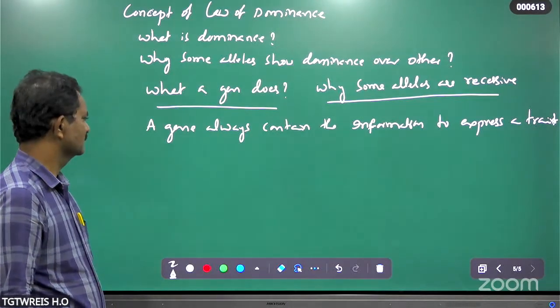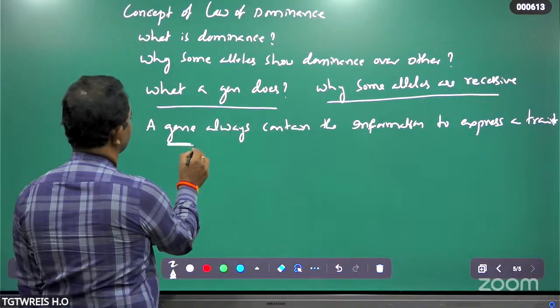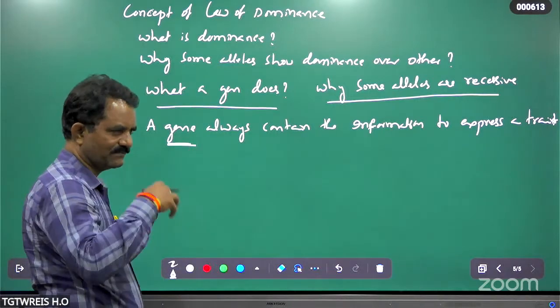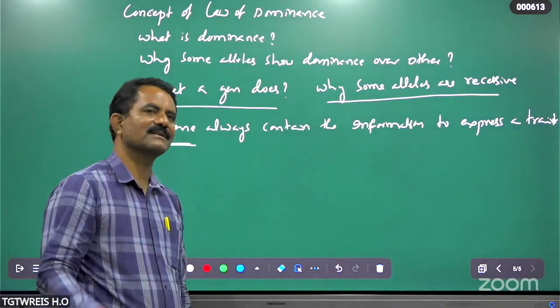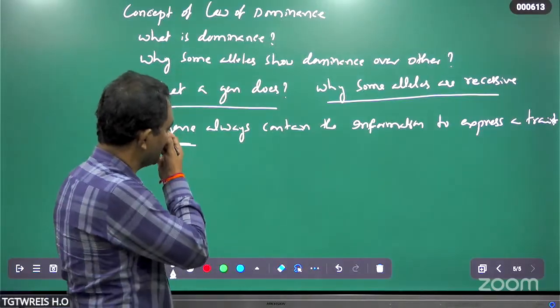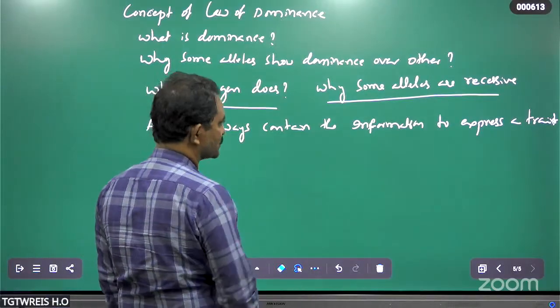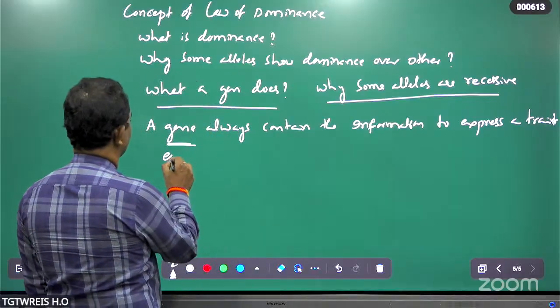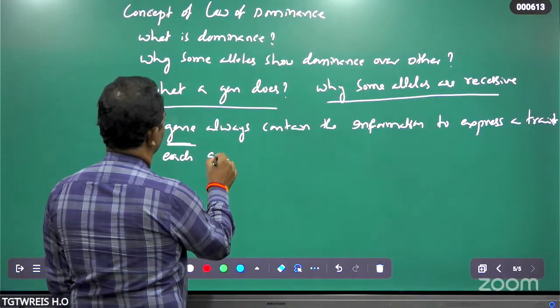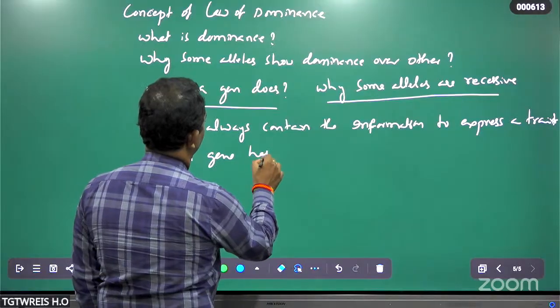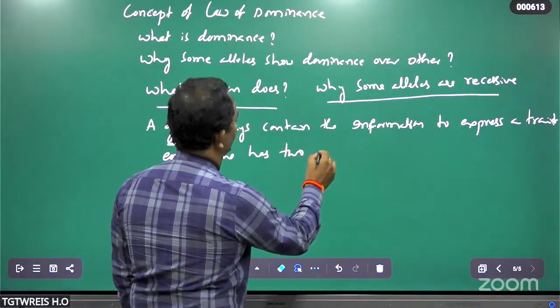That is the gene: it contains the information to express a phenotype or a trait. Each gene has two alleles.